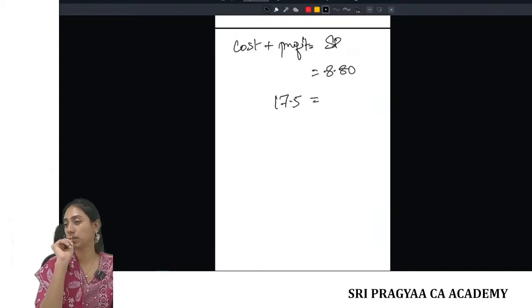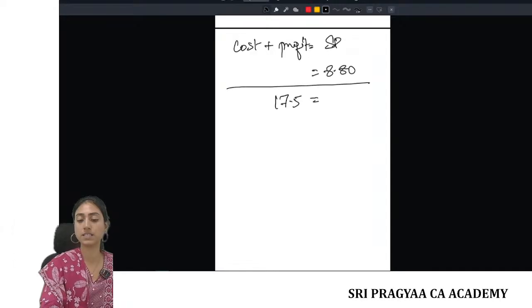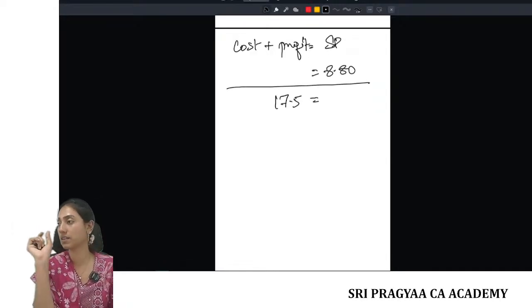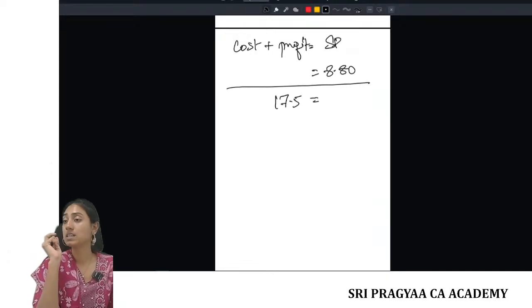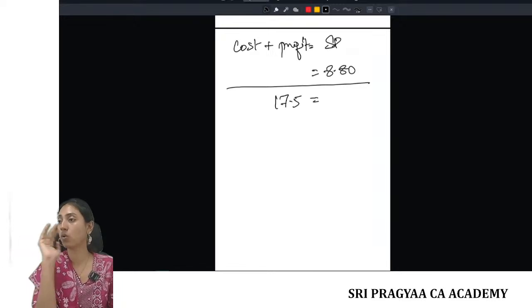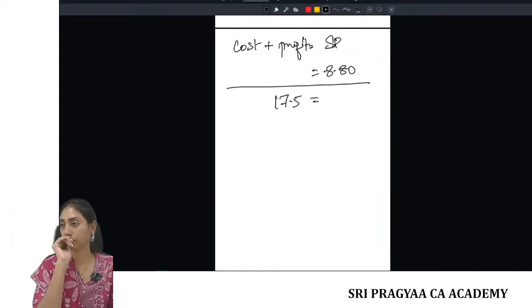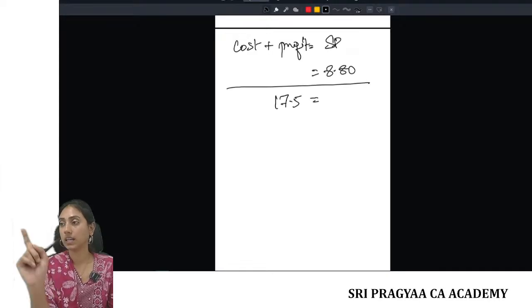100 equate பண்ணுவோம்ல, இது விட்டுருங்க. Percentagesல percentage 17.5 is a percentage, correct? So something has to, percentage na 100, correct? Something has to be taken as 100. What will you take as 100? 8.8. Yeah. Cost plus profit is 8.8. அதனால கிடையாது.